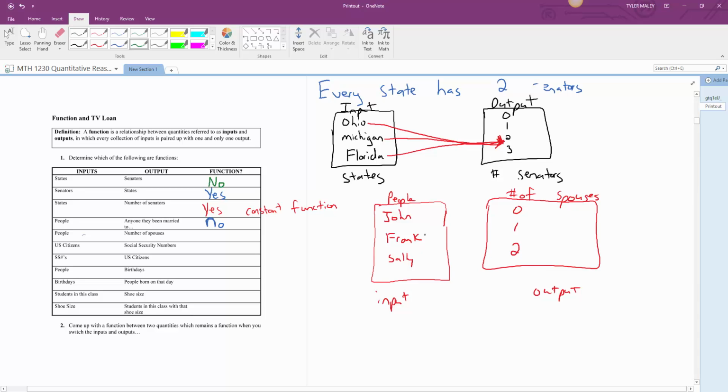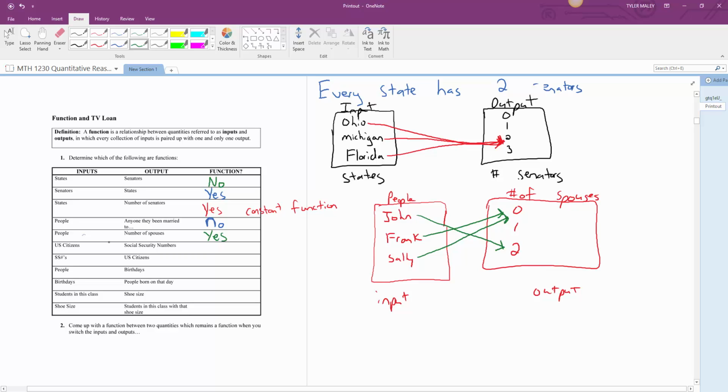Frank maybe had 0 spouses. John, we saw, had 2 spouses, and maybe Sally has had 0 spouses. Then this is a function. Every person is only going to be matched with one number. There's going to be some number out there that describes how many spouses you've had. So this would be a function. There's a single number for every person, so this would be a yes.